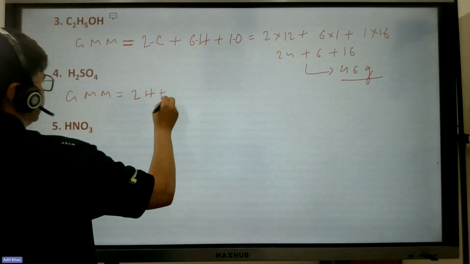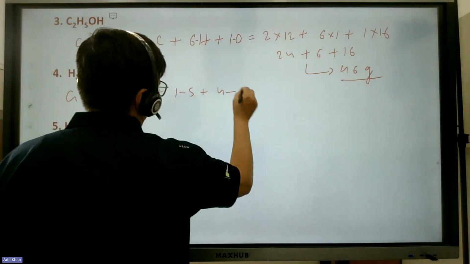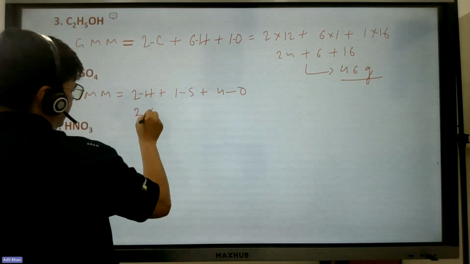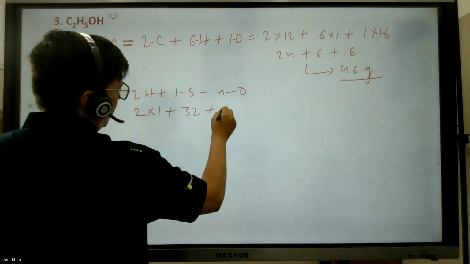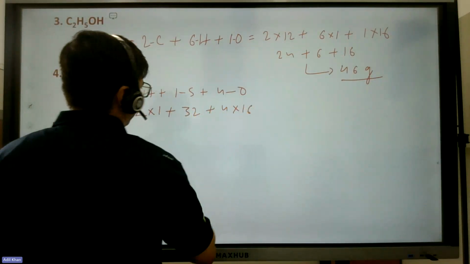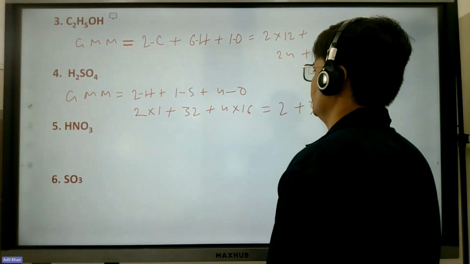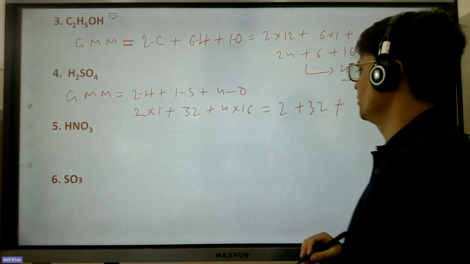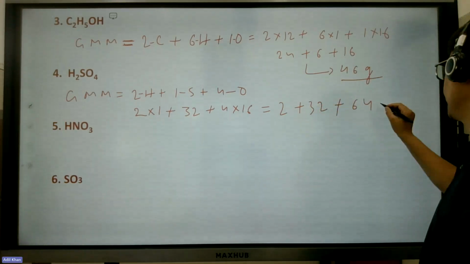2 hydrogen, 1 sulfur, 4 oxygen. So hydrogen is 1 mass, sulfur is 32, oxygen is 4 into 16. So 2 plus 32 plus 64.